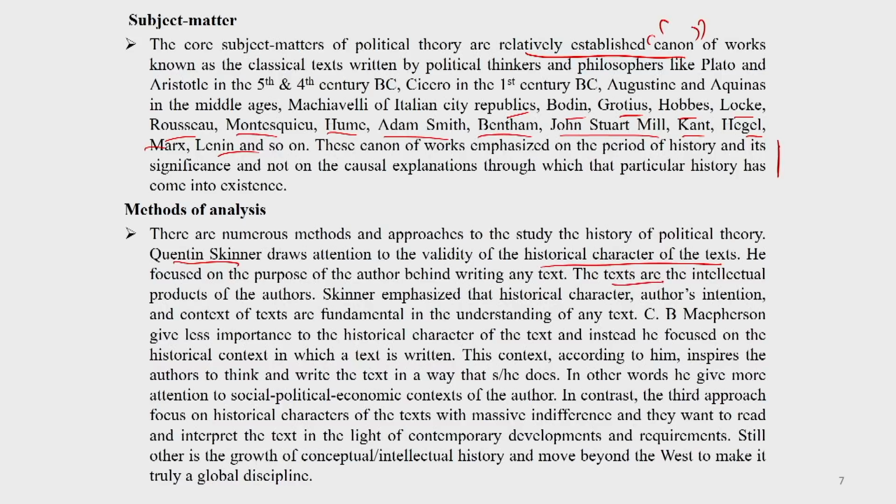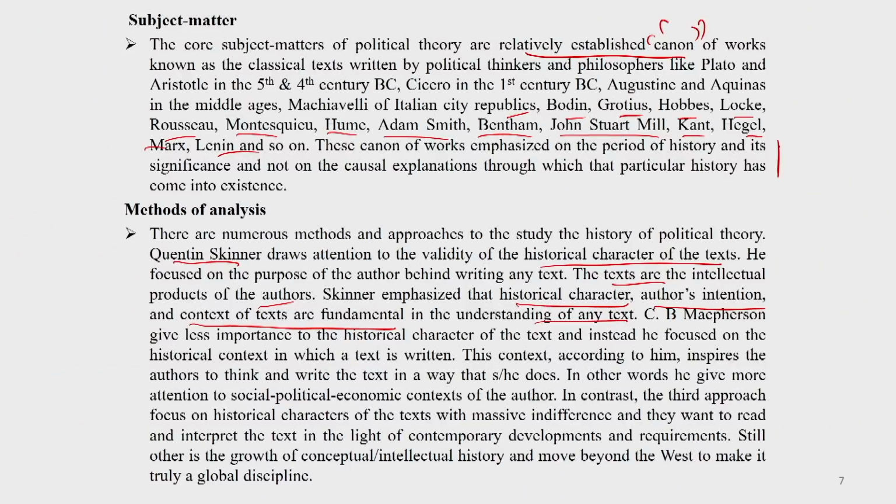The text in Skinner's engagement with the history of political theory is the intellectual product of the author. However, he emphasized that historical character, author's intention and the context of the text are fundamental in understanding any text.